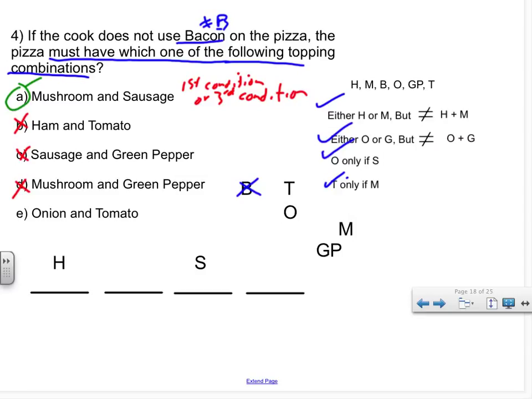How about if I put, so it's onion and tomato that are constrained. How if I put GP for green pepper here, and then I take my T only if M. So let's try M here. Sometimes it just takes rearranging until you finally get it.